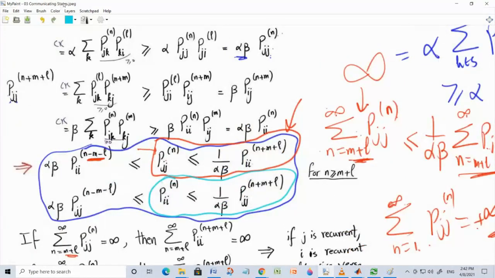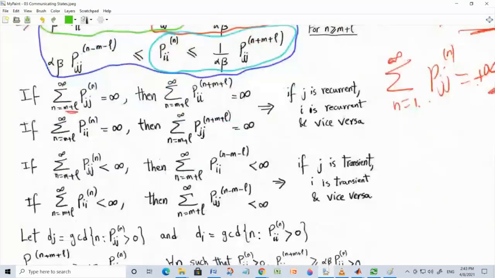Now we can use the other side. So what if you have this part here? Now suppose that J is a transient state. If J is transient and you sum, then this summation will be finite.